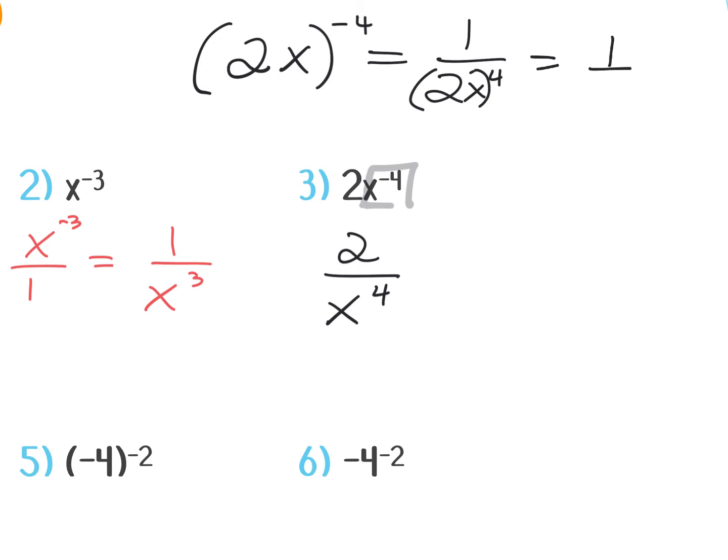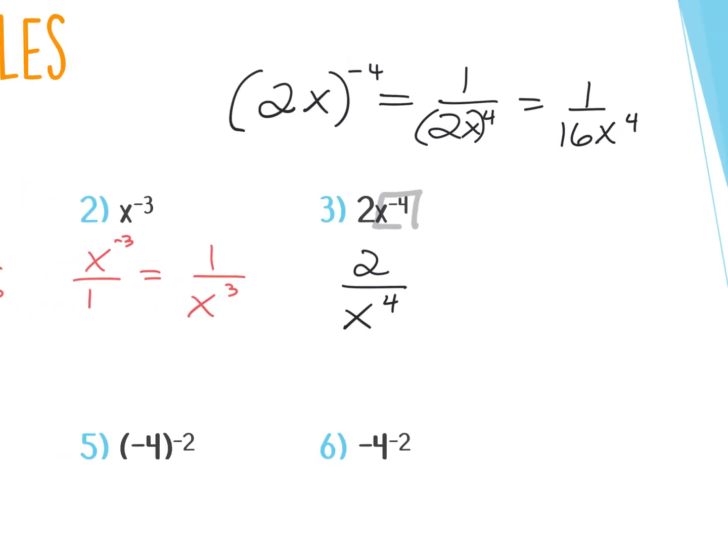So this would actually simplify to 2 times 2 times 2 times 2, which is 16 x to the 4th. So just remember, if it's in parentheses, you're applying that power to everything. But if there's no parentheses, it's only up above whatever number or letter it's next to or above.